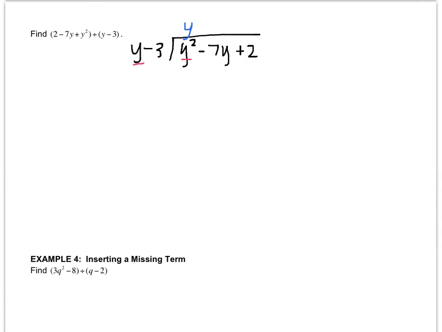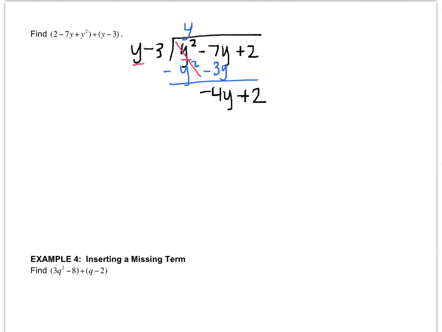So y times y is y squared. y times minus 3 is minus 3y. Be careful when you subtract. Negative 7 minus negative 3 is negative 4. And then bring down the plus 2.